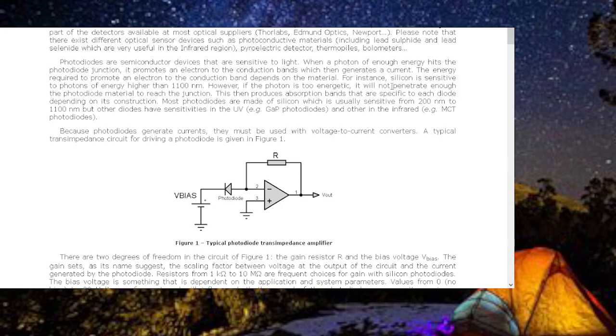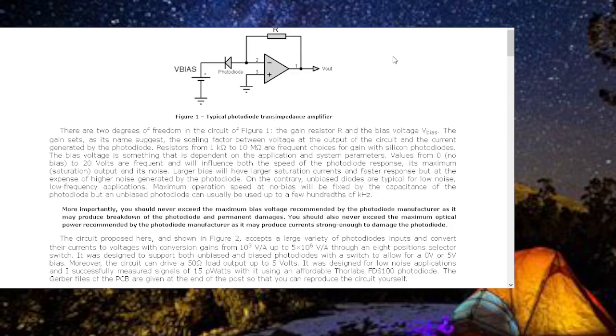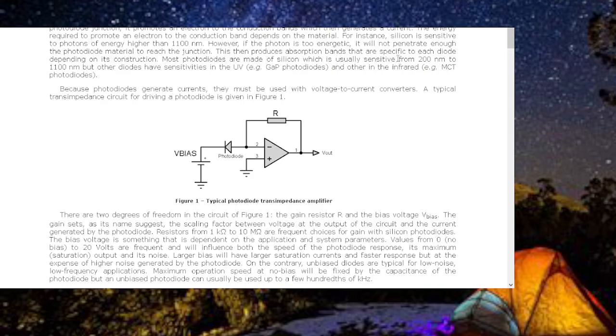Because photodiodes generate currents, I better save this too. This tells me something about them. For instance, silicon is sensitive to photons of wavelength up to 1100 nanometers.